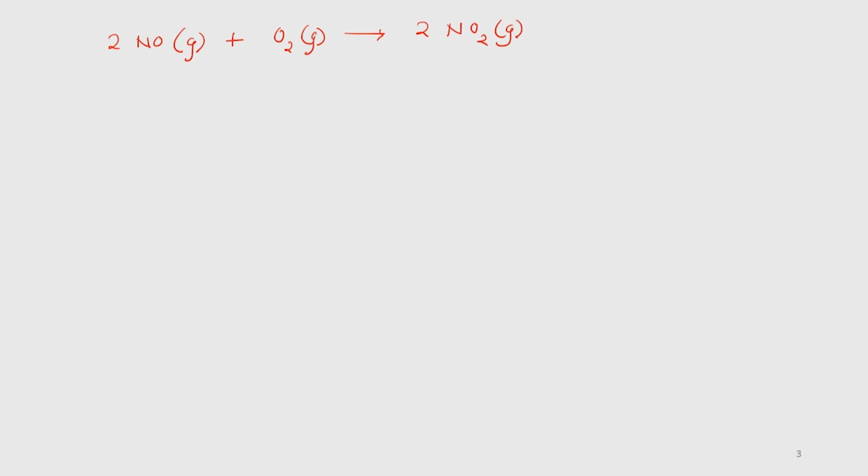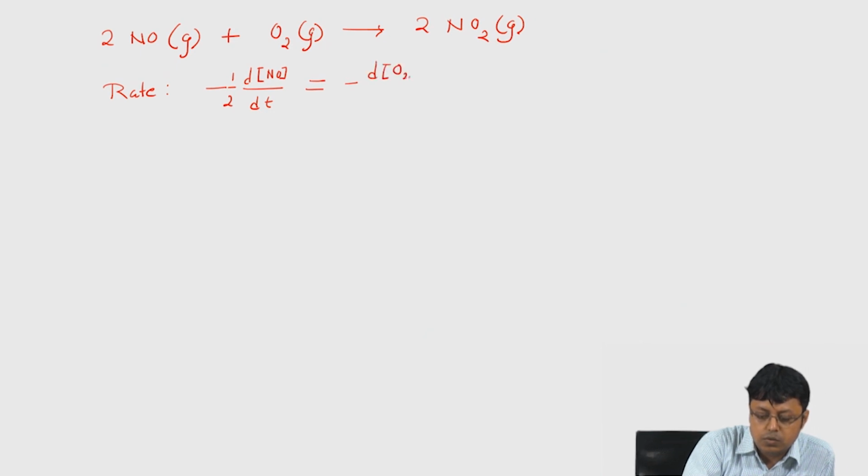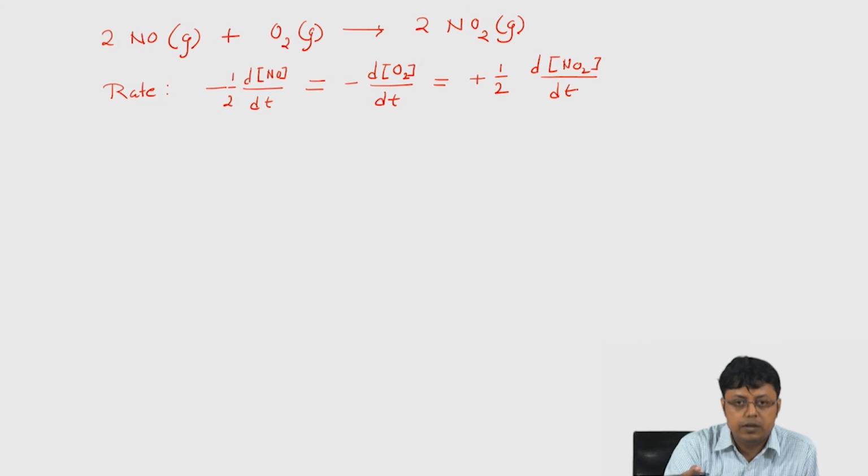The rate of the reaction, the velocity of the reaction, in terms of nitric oxide will be minus half dNO dt. In terms of oxygen, it will be minus 1 by 1 dO2 by dt, and this will be plus half dNO2 by dt. So, this is the expression for the rate.